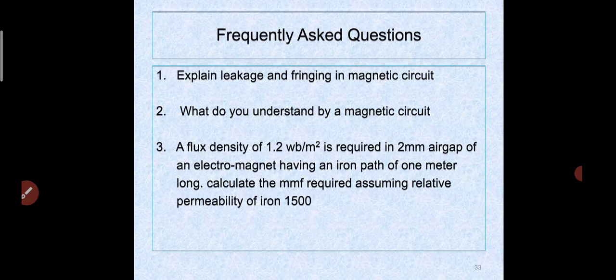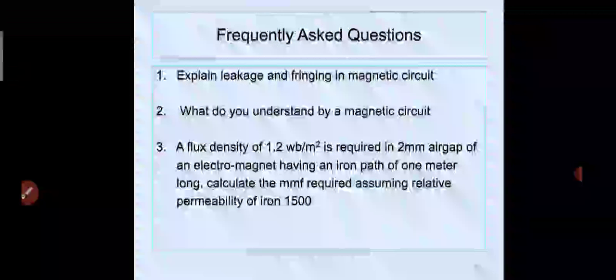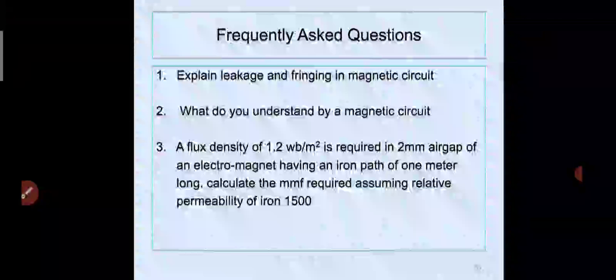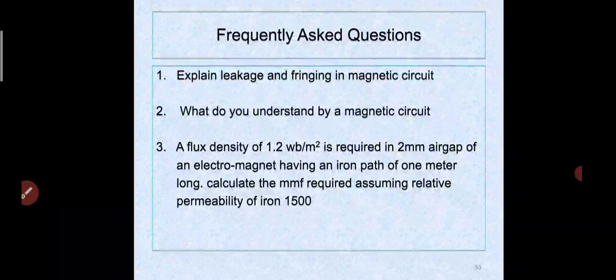Calculate the MMF required, assuming the relative permeability of iron is 1500. So we can calculate the MMF.